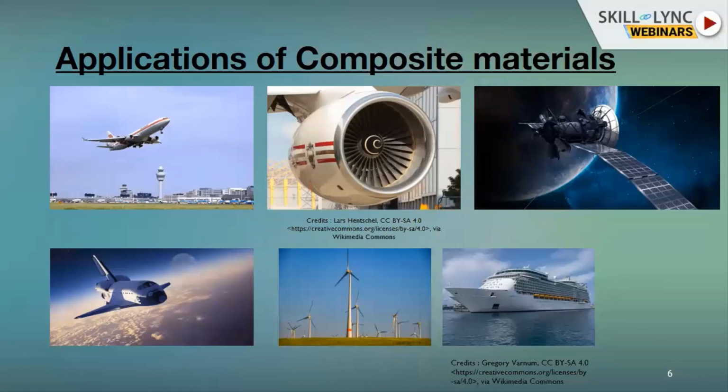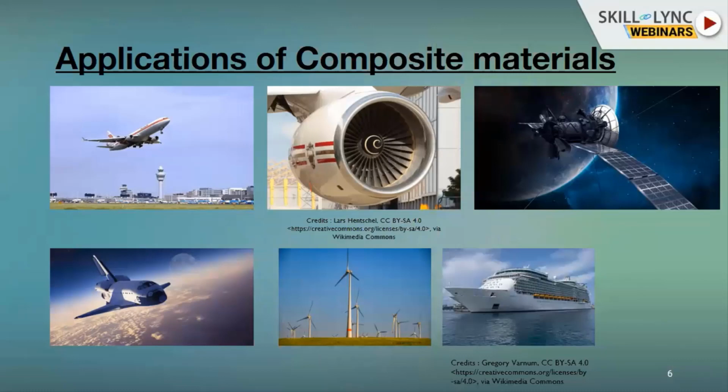And we can see that there is a requirement of very high strength materials subjected to high rotational speeds in engine components, because these components operate at very different temperature as well as loading conditions. So for these loading and temperature conditions, composites are tailor-made for this application. That gives a lot of advantage in terms of load carrying capacity as well as lowering the cost and weight of the overall aircraft.